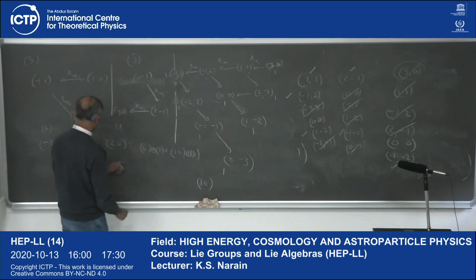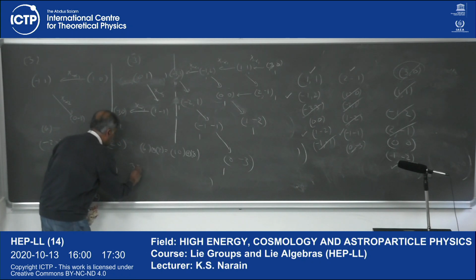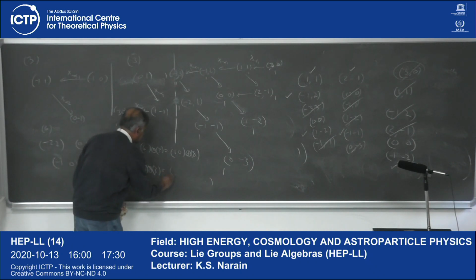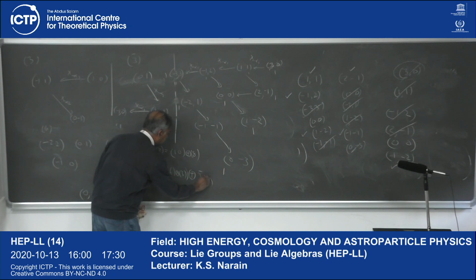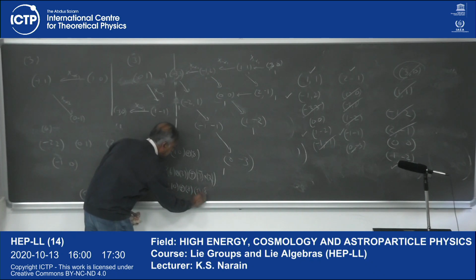And so the full thing, 3 times 3 times 3, therefore, gives 6 times 3 plus direct sum 3 bar times 3, and this we said is 10 plus 8, and 3 bar with 3 was again 8 plus 1.